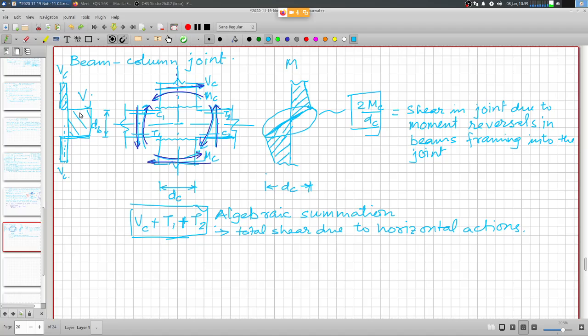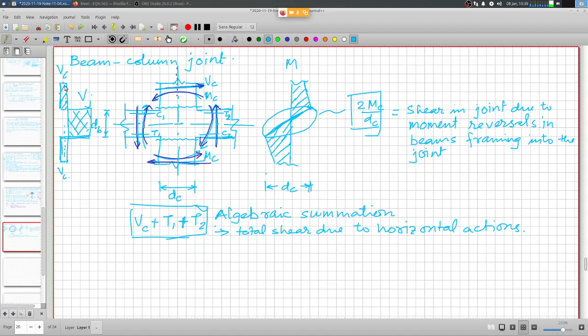So you can see that the shear force in the joint is going to be very, very large compared to the shear force that we often compute in the columns. And that is why it is extremely important, and that's why this joint is extremely vulnerable.